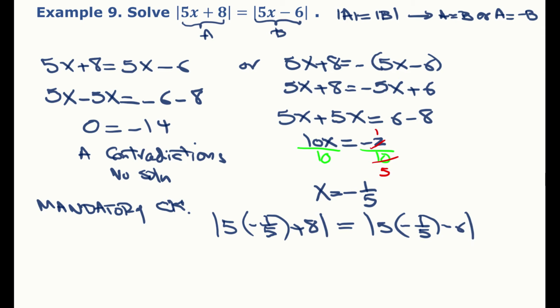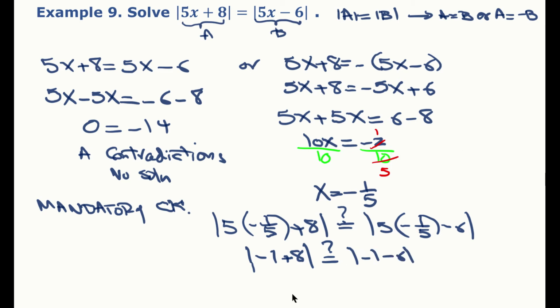Now, we'll put a question mark because remember, we're checking, we're not asserting. So now here, 5 times negative 1/5 is just going to be negative 1. So we get the absolute value of negative 1 plus 8. We're checking to see if that's equal to, on this side, that's also going to be negative 1, but we'll have negative 1 minus 6.